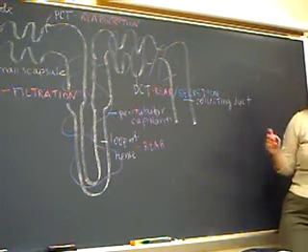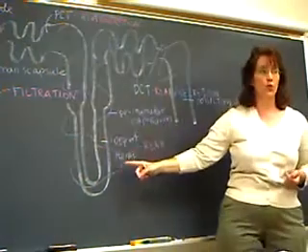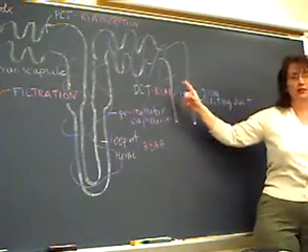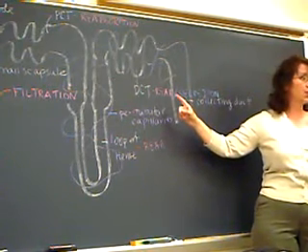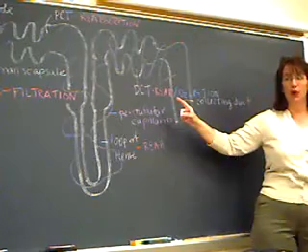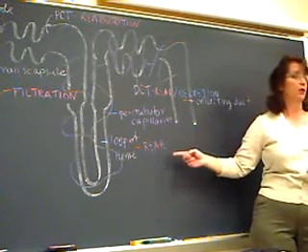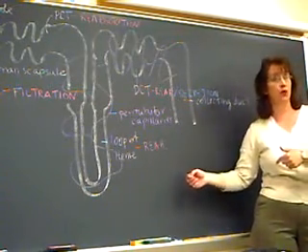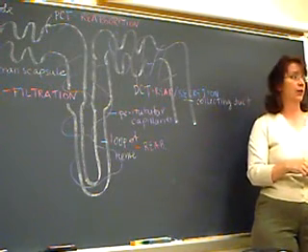Everything we've done from the point of the PCT, your loop of Henle, and DCT has been taking items in the filtrate that we remove from your bloodstream and taking those items back into your blood flow. So we've called the process so far reabsorption because we're moving these items from the tubule into the peritubular capillaries so that item can rejoin blood flow.